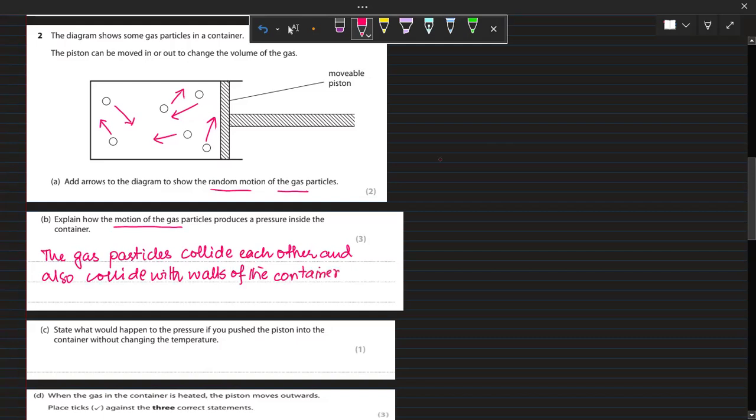Or you can say with the sides of the walls of the container, right? They exert a force per unit area, which is a pressure. Okay, right?